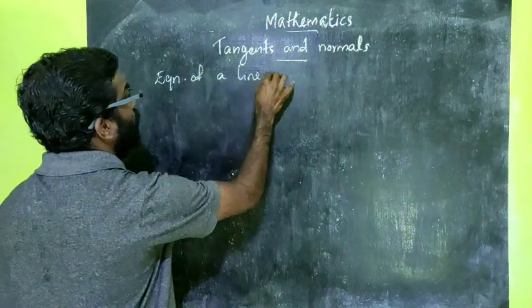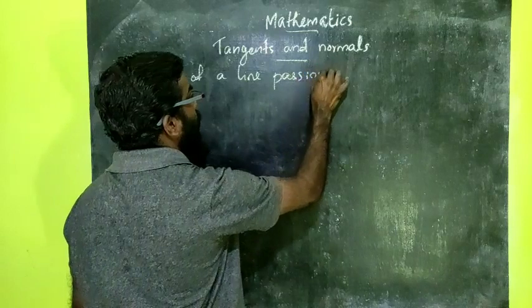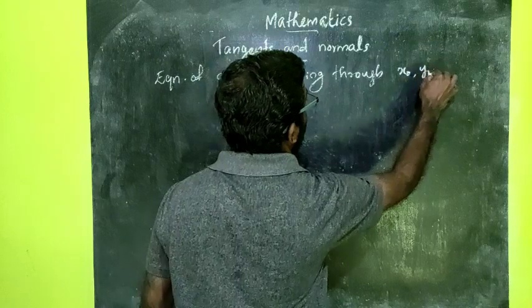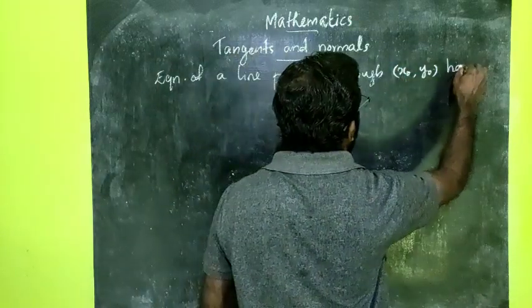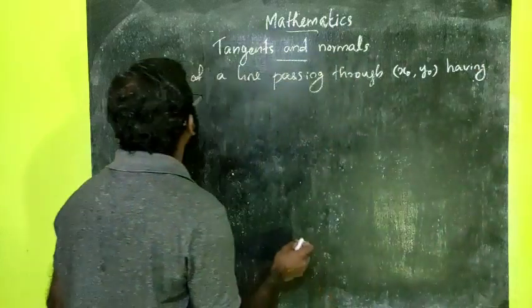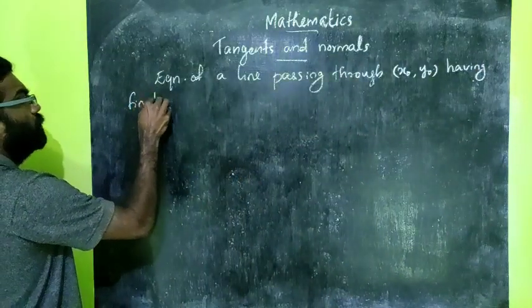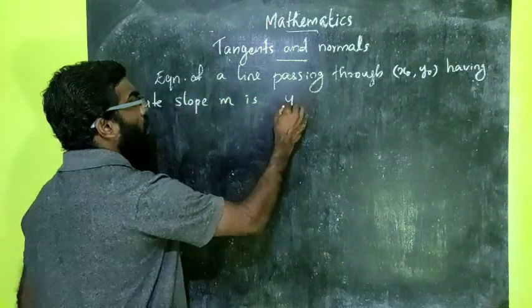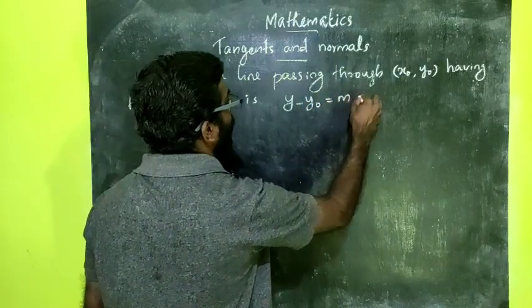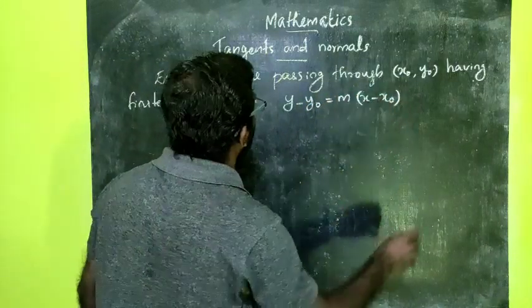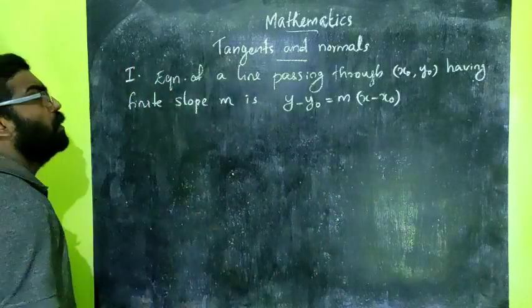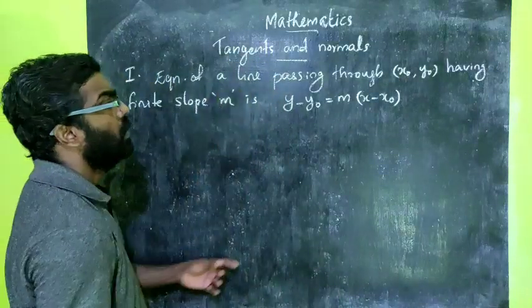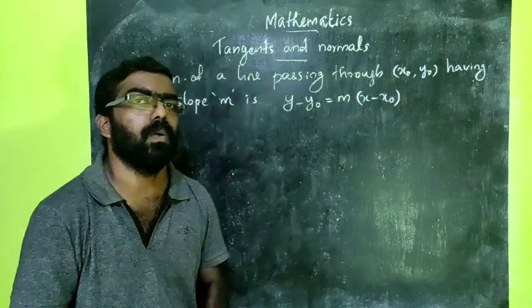Equation of a line passing through a point x0, y0 having finite slope m is given by y minus y0 is equal to m into x minus x0.